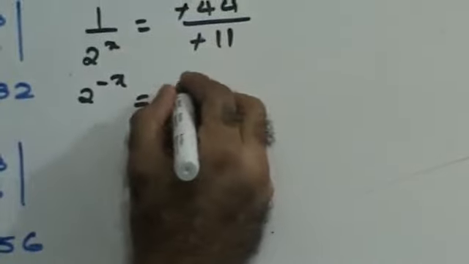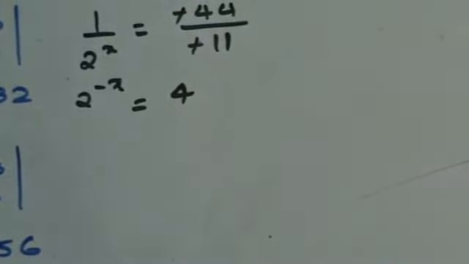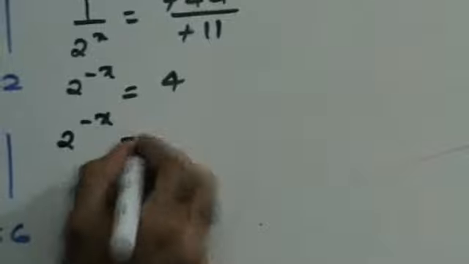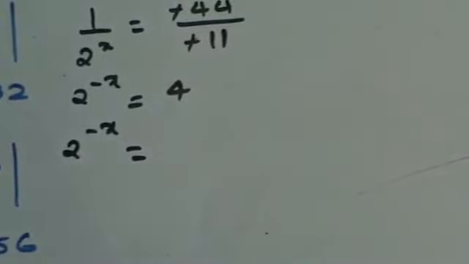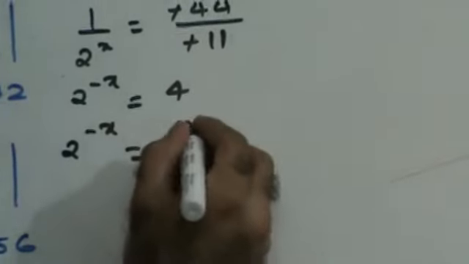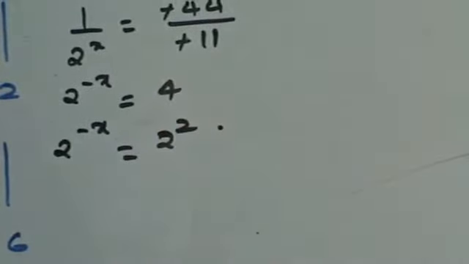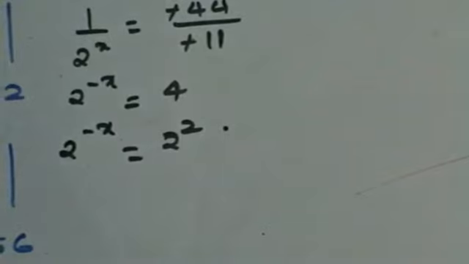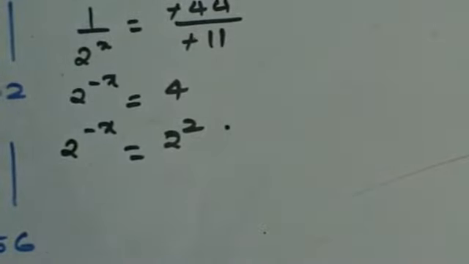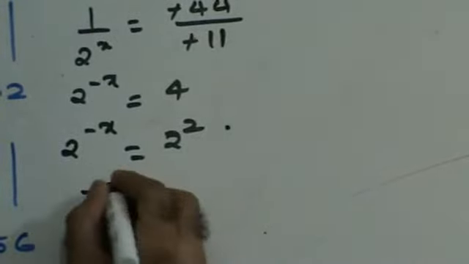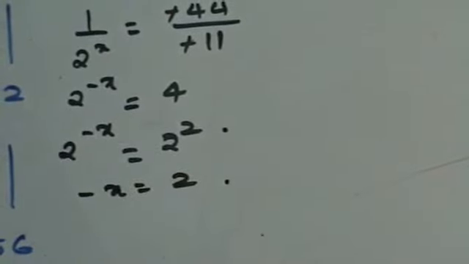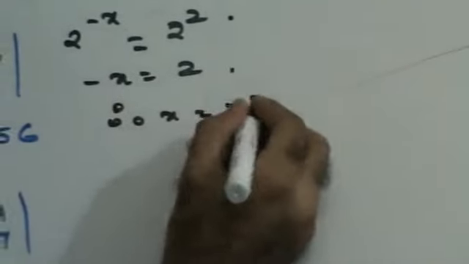Minus minus gets cancelled, 11 and 4, so I'll get 2 raised to minus x equals 4. 4 can be written as 2 square. Now since the bases are same, I can equate the indices. Minus x is equal to 2. Therefore x is equal to minus 2.